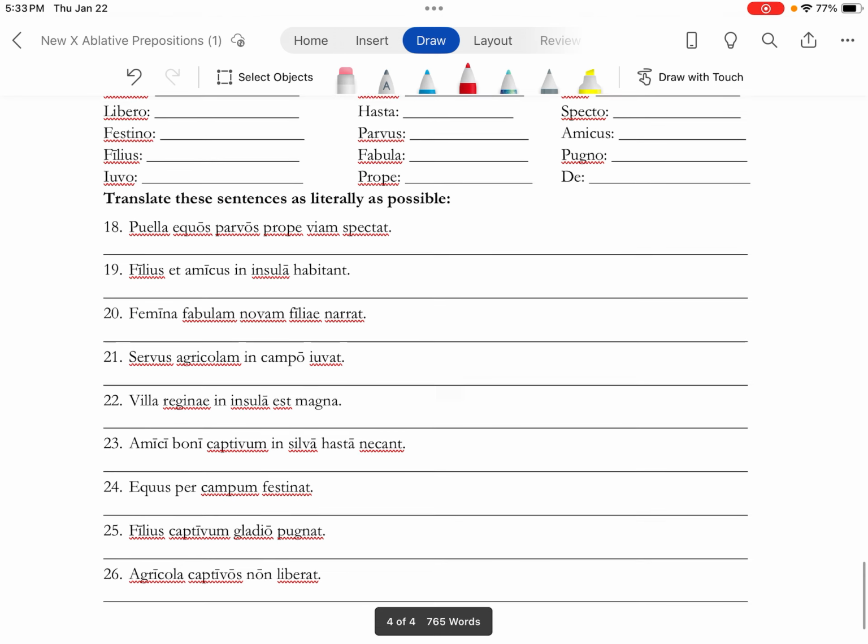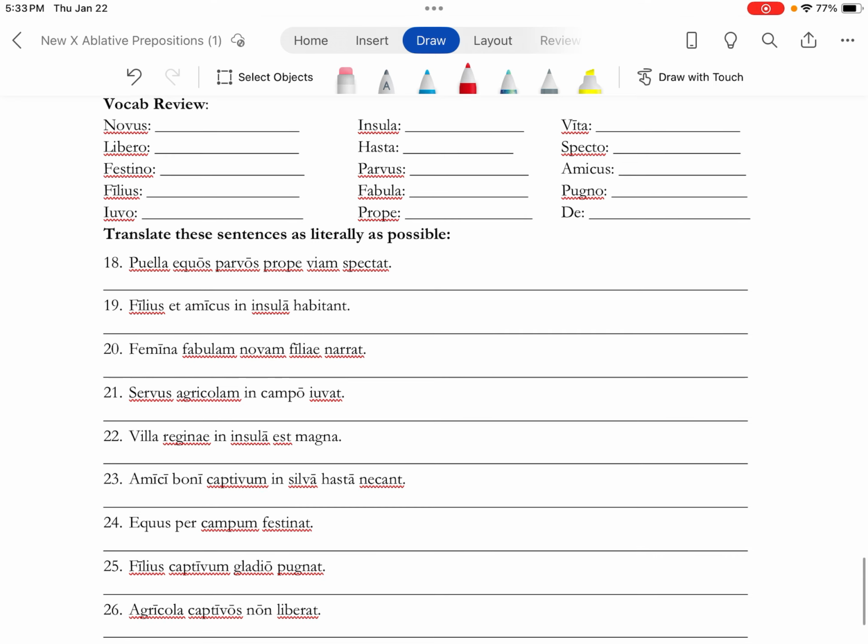Vocab review to help us with the sentences. So novus, we got new or strange. Insula, island. Vita, life. Libero, free or liberate. Hasta, spear. Specto, watch. Festino, hurry.